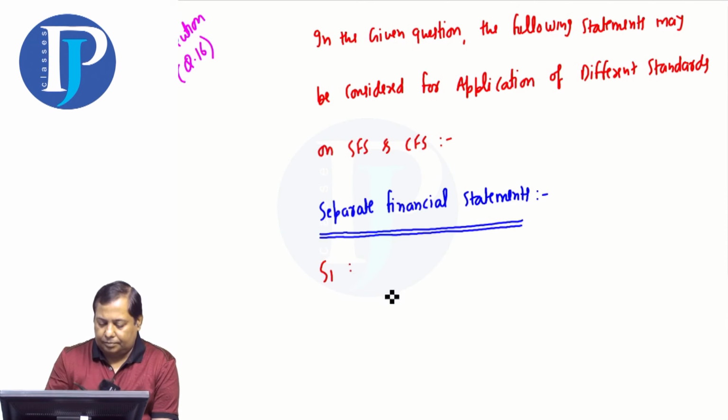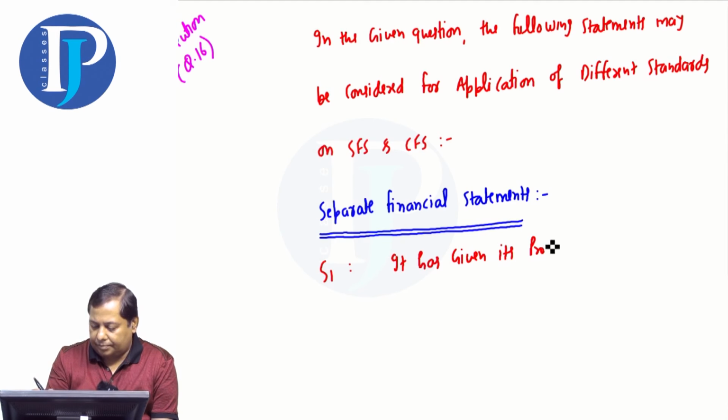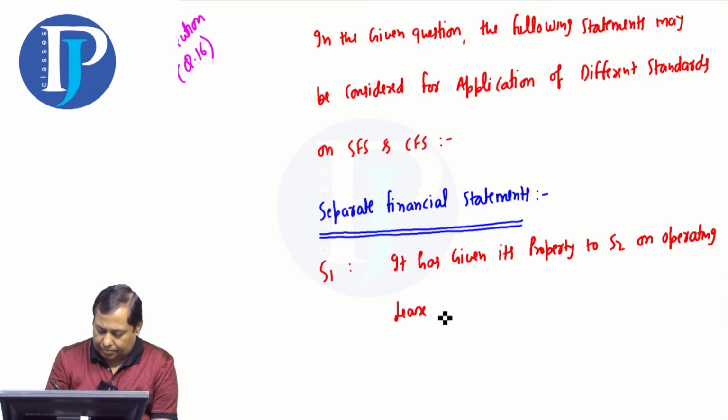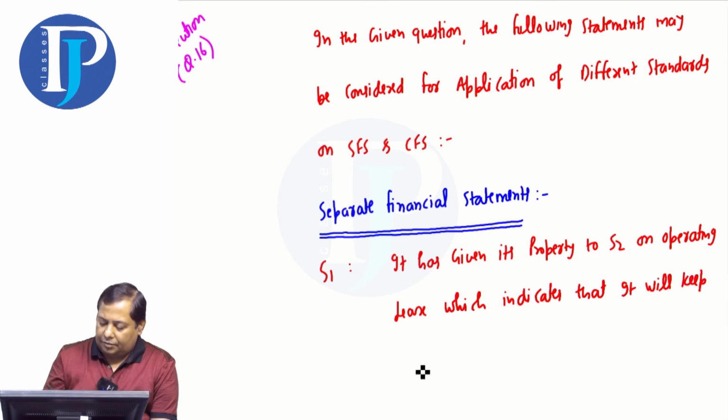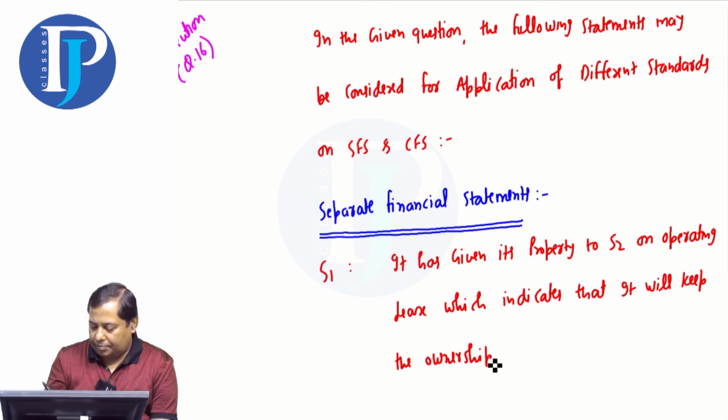S1 has given its property to S2 on an operating lease, which indicates that it will keep the ownership.